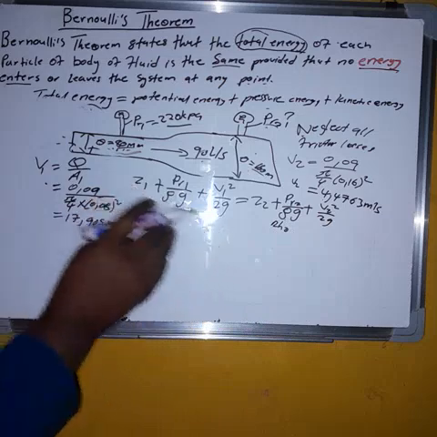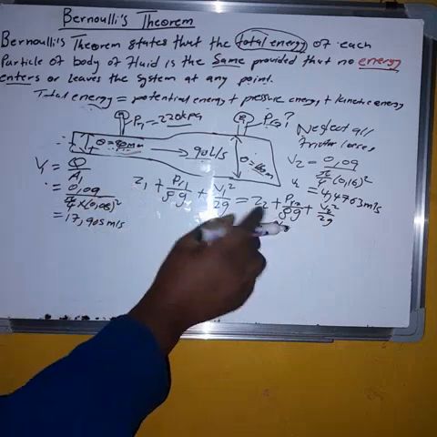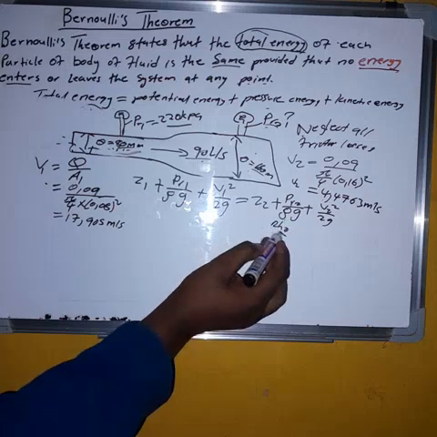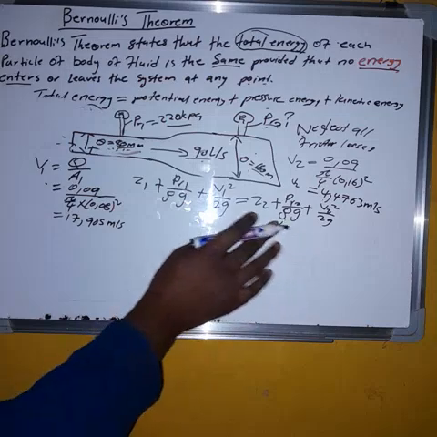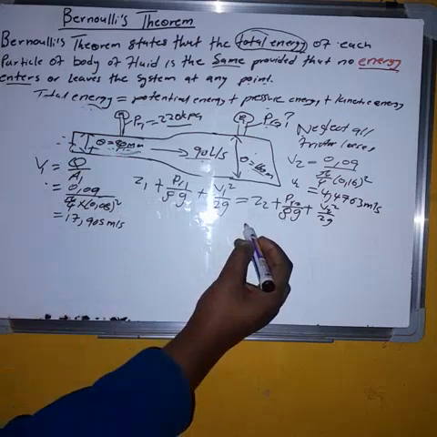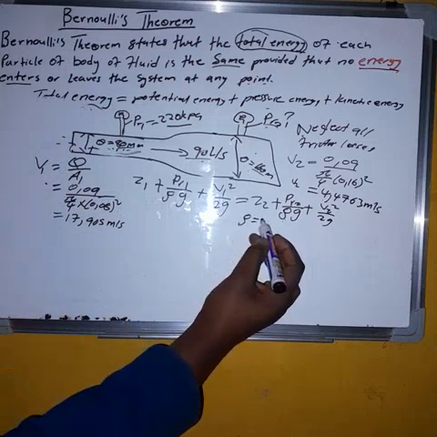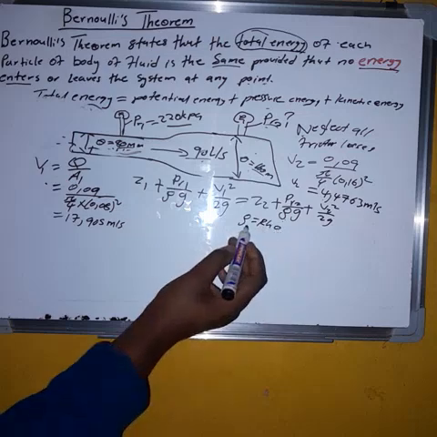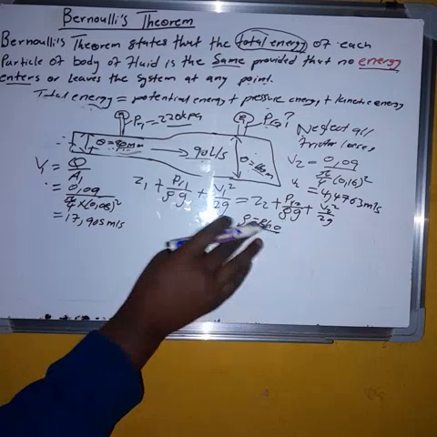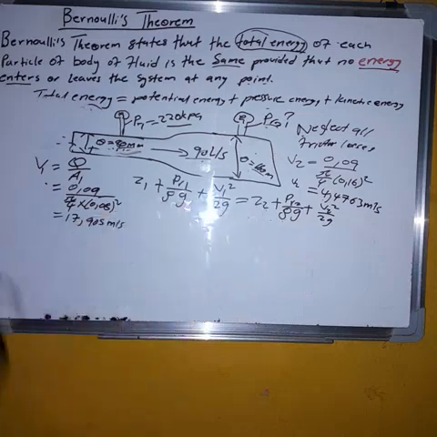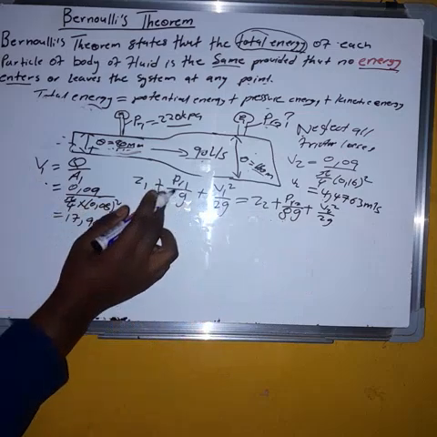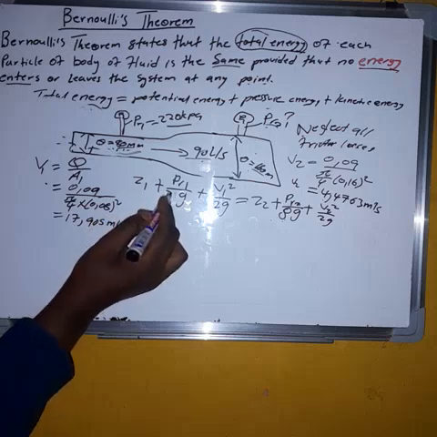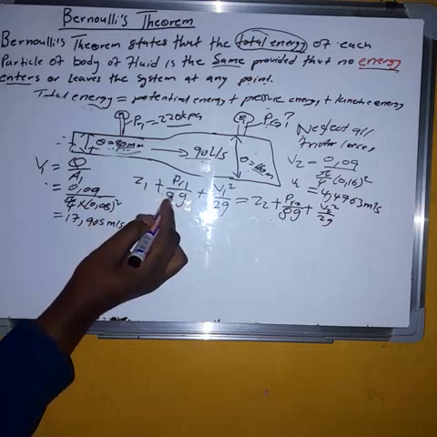You might find that in this formula, instead of P, they write rho. It's the same thing. They can replace it here, and I can say rho, which is the same thing. It's a density.